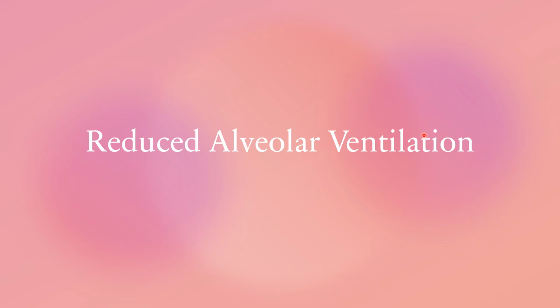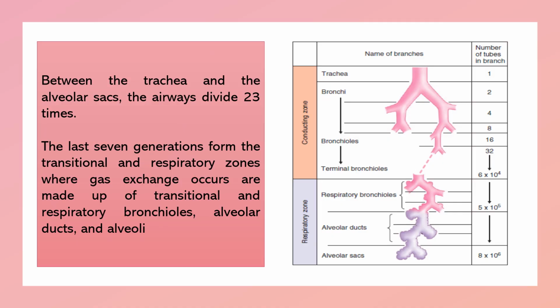First is the reduced alveolar ventilation. Before going to this, we want to understand what is alveolar ventilation and what is the dead space. The conducting airways, we know, begin from the trachea and branch dichotomously to greatly expand the surface area of the tissue in the lung.